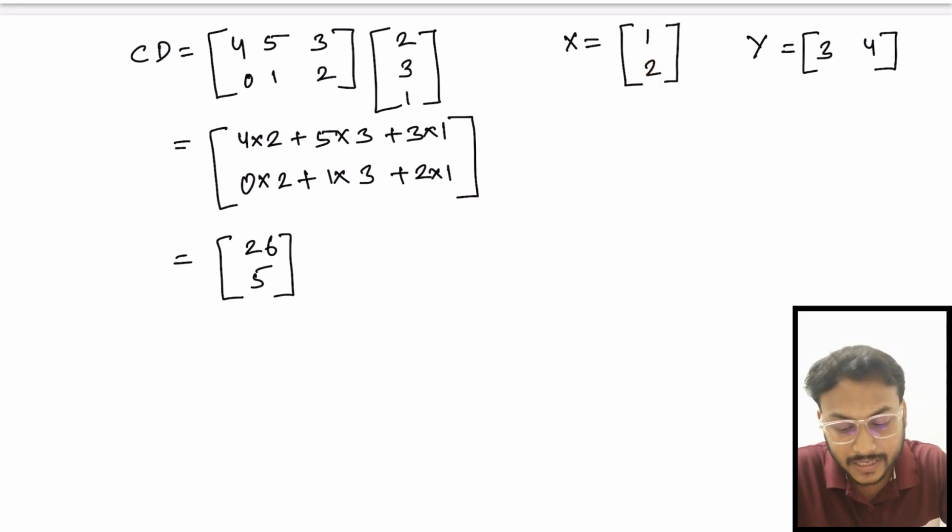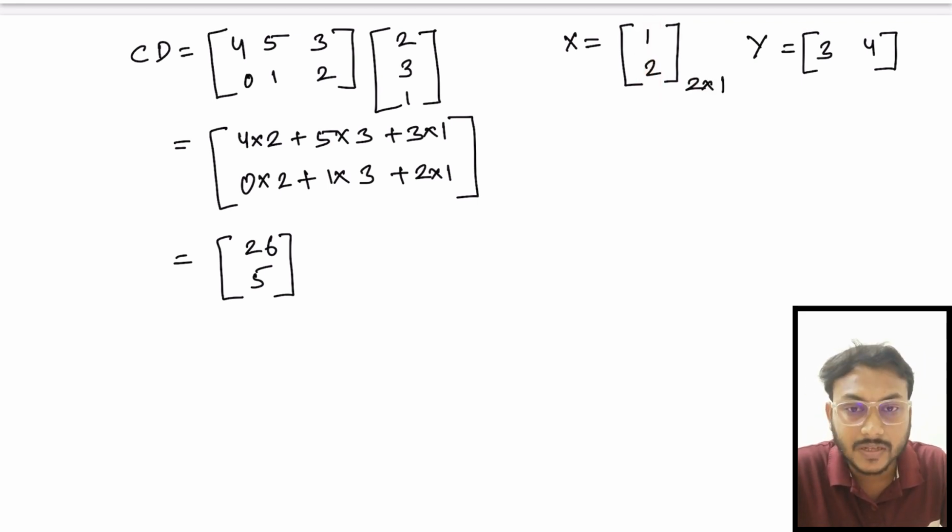So the order of the matrix X is 2 by 1. Now how many rows does Y have? Y has only one row and two columns. Then the order of the matrix Y is 1 by 2.